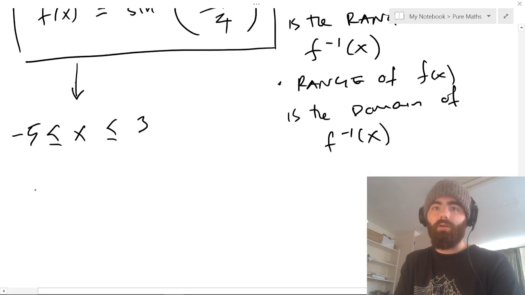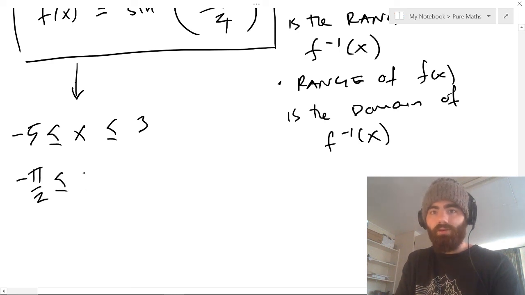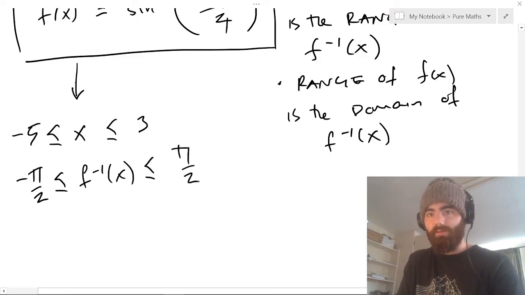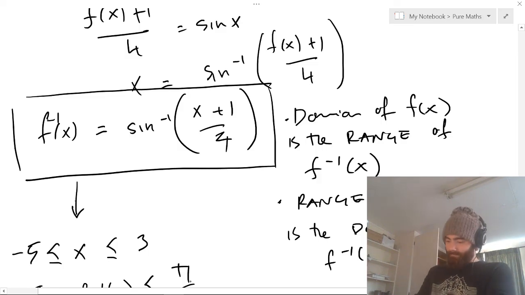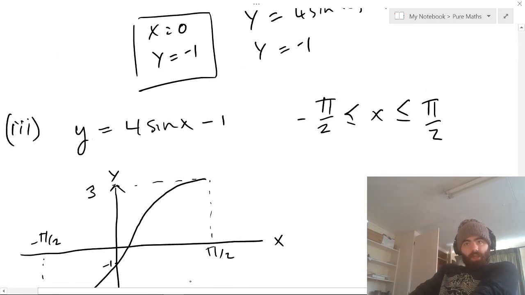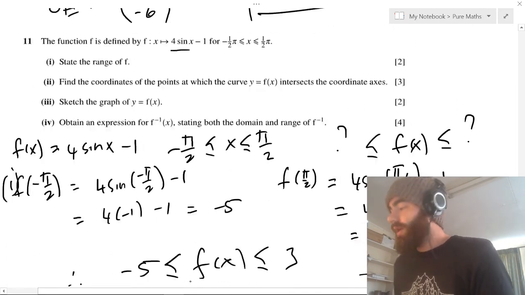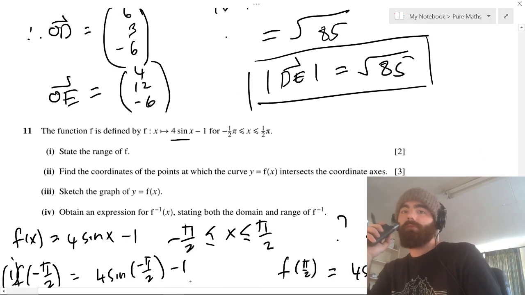You can test this out, and that means that the range of our inverse f of x goes like this. Yep, that makes a lot of sense to me.